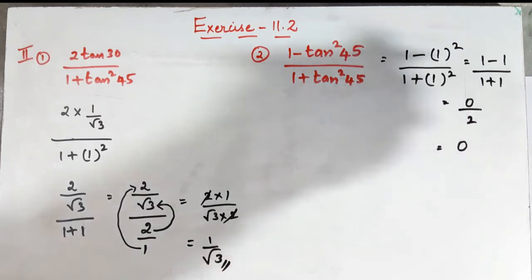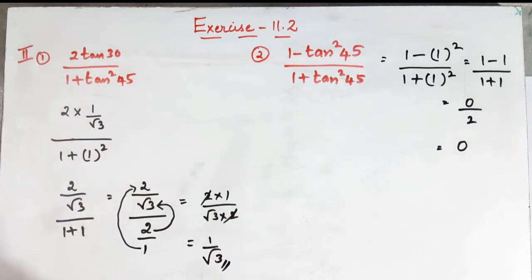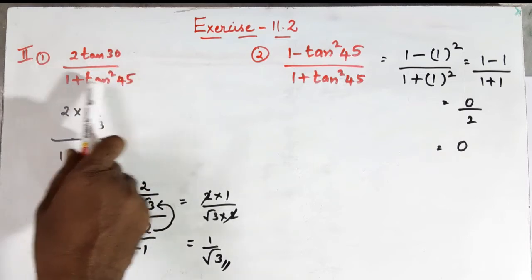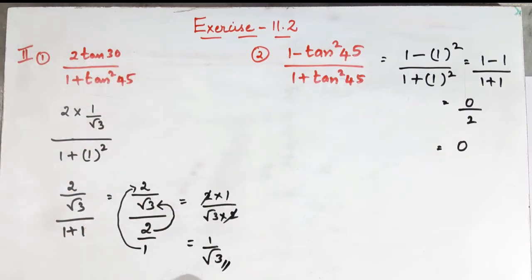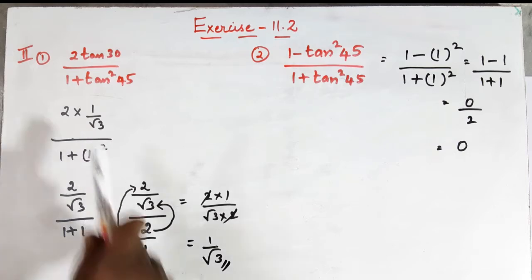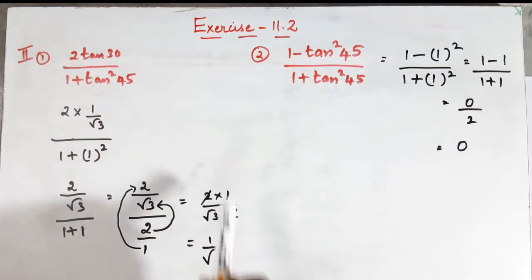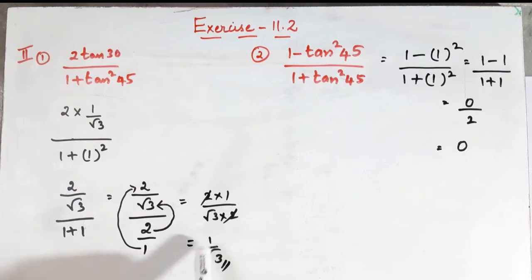Now if you observe these two problems, 2 tan 30 by 1 plus tan square 45 is 1 by root 3. In terms of tan, where do you get 1 by root 3? It is nothing but tan 30.